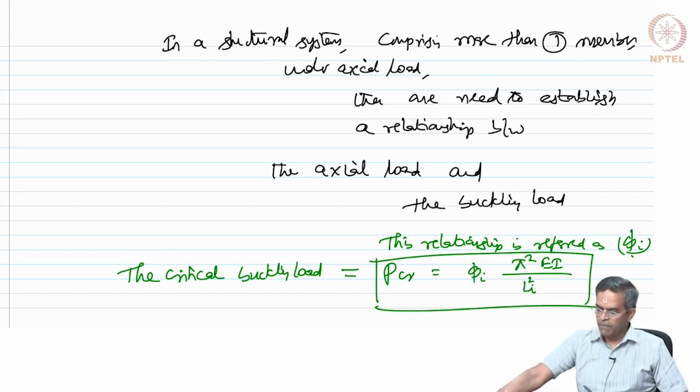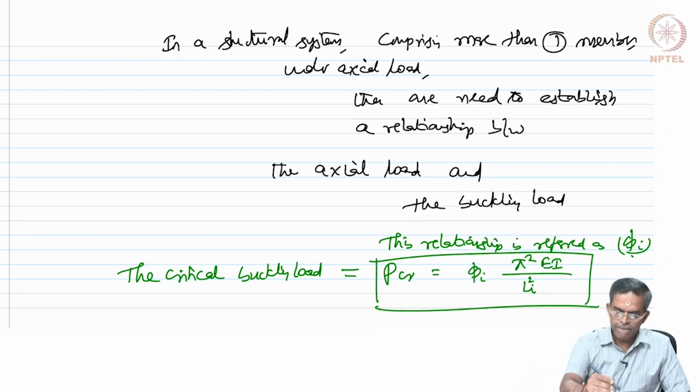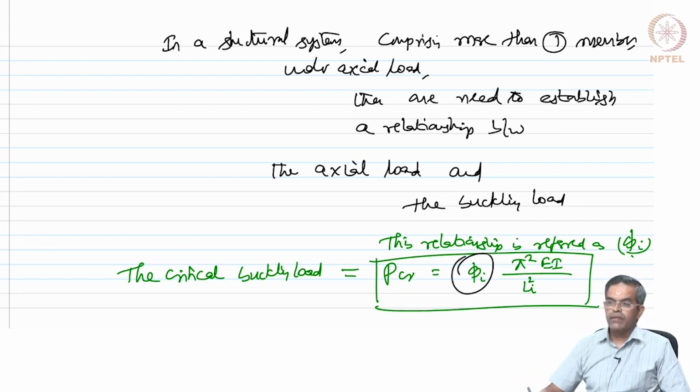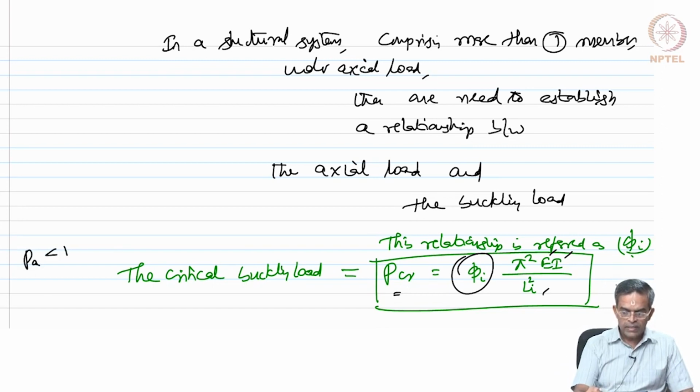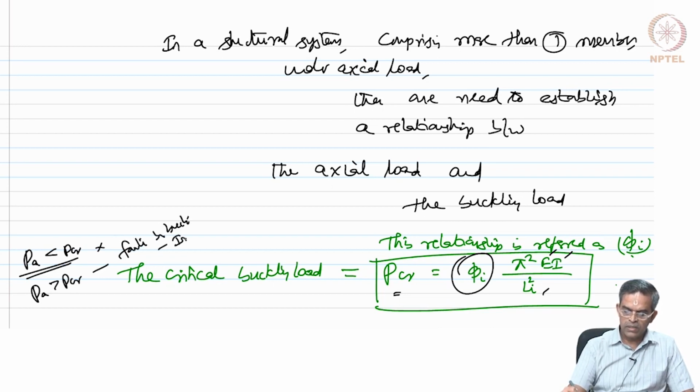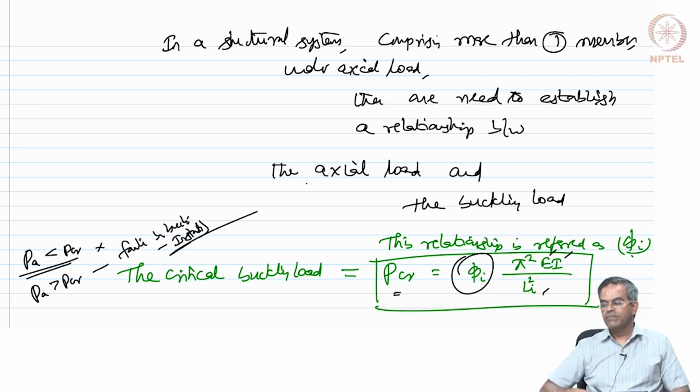So, if I know phi, I know E, I know cross sectional moment of inertia, I know the length of the member, I can find the critical buckling load. And if PA is lesser than PCR, applied load, we do not have to bother. If PA exceeds PCR, we can say it is failing by buckling, which is causing instability. Okay.